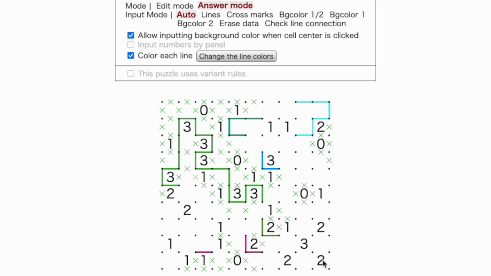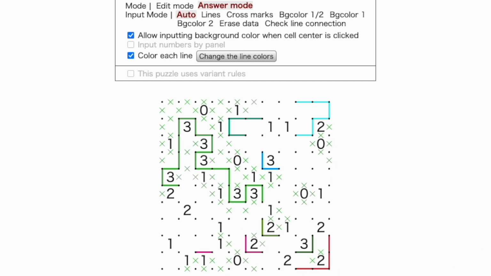This 2 here in a corner has to have these 2 lines because it either loops around here or it never enters the corner at all. But if it did this, that would break a 3. We can't have a corner impinging on a 3 like that. So it is like that. The 3 must come around here.